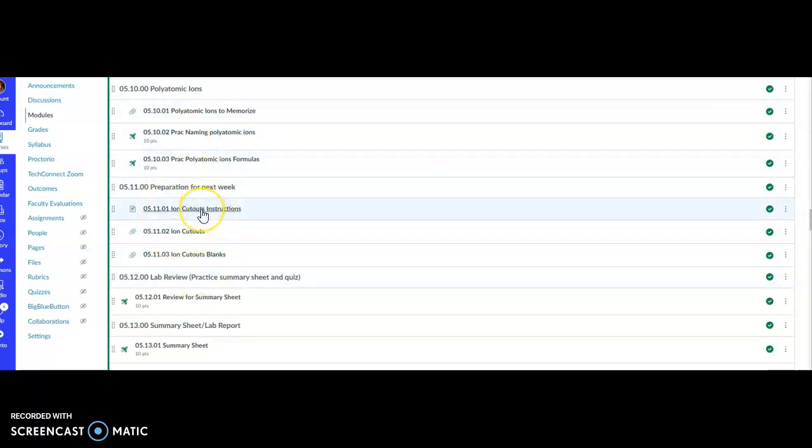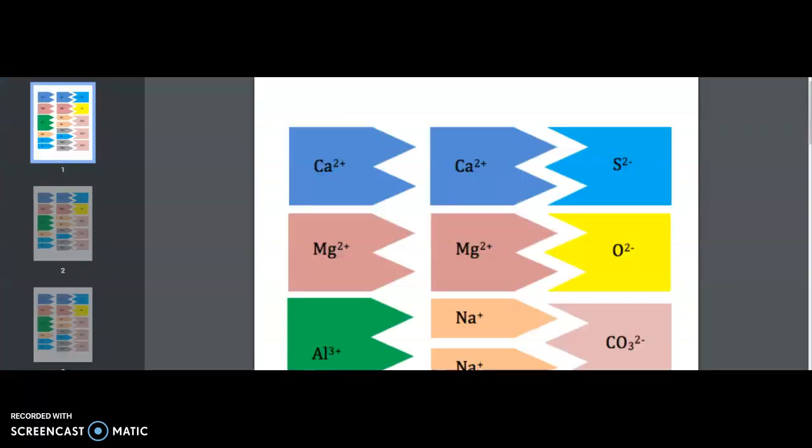When you click on these ion cutouts, you're going to see something like this. And the whole point of this lab is these set you up for next week. So you don't need to upload anything. You're just going through all of those experiments.